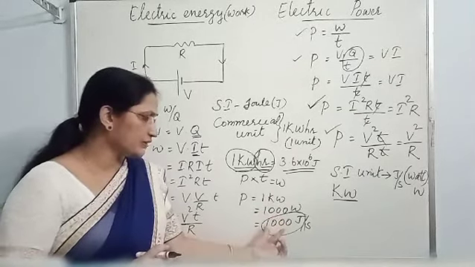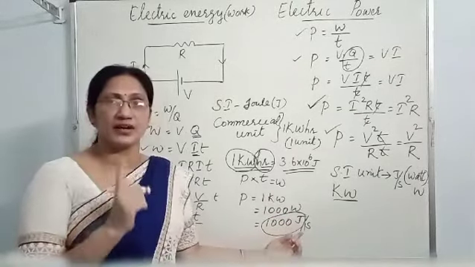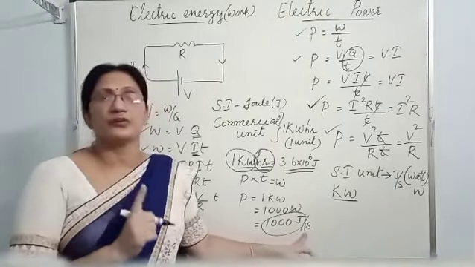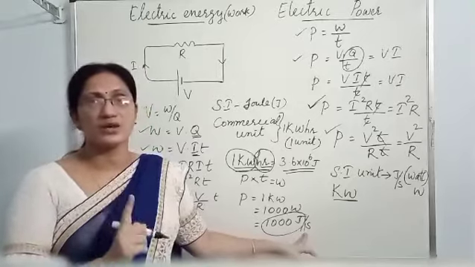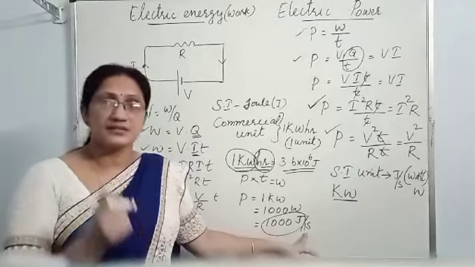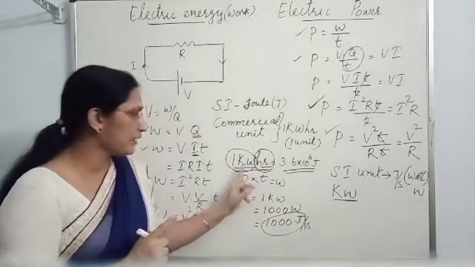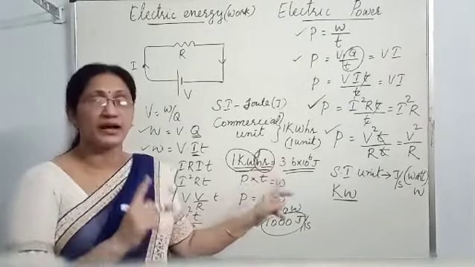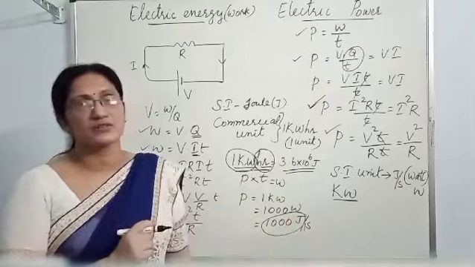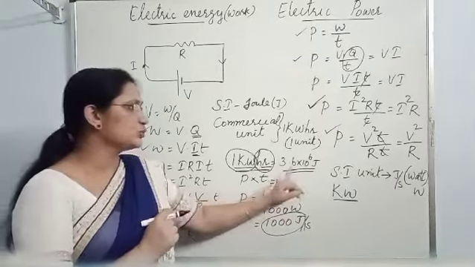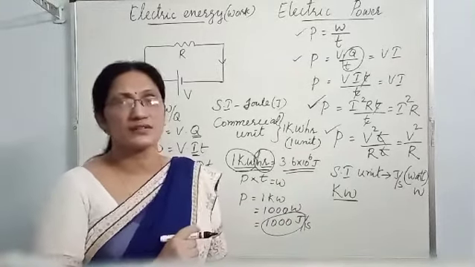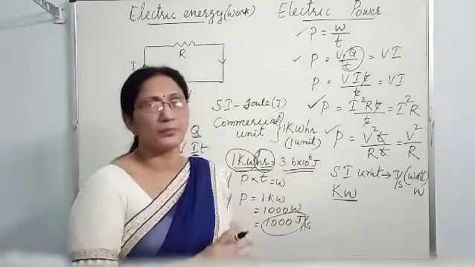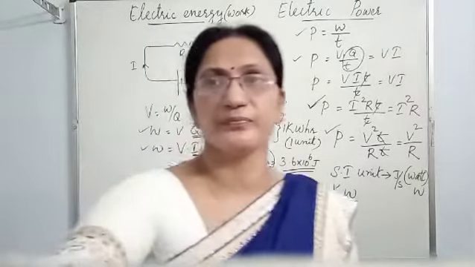Such a device, if it runs for 1 hour, the energy consumed we call as 1 kilowatt hour. In joules it is 3.6 megajoule or 3.6 into 10 to the power 6 joules.